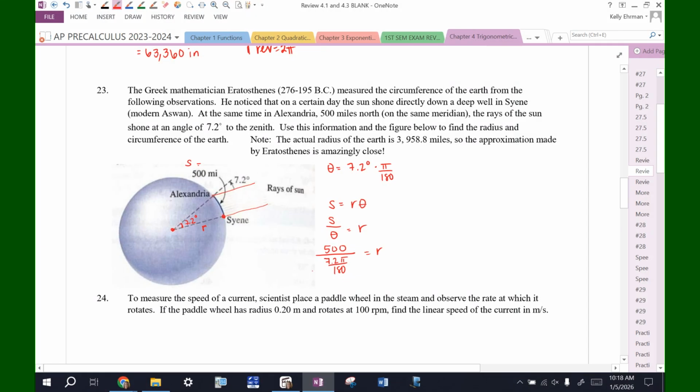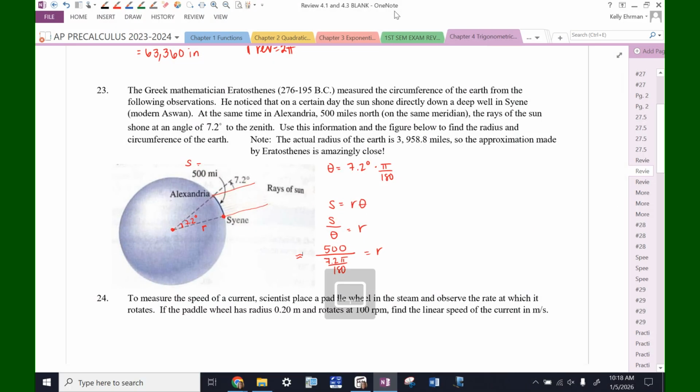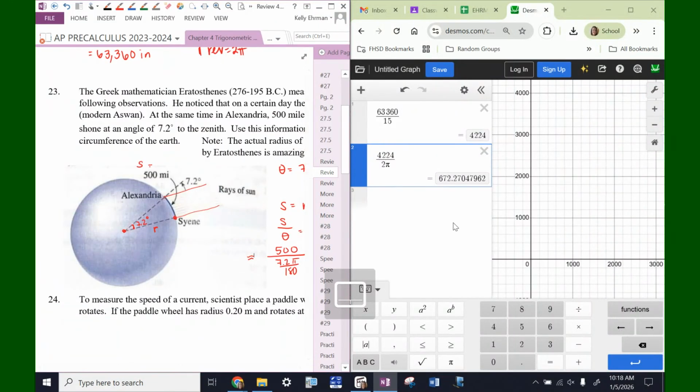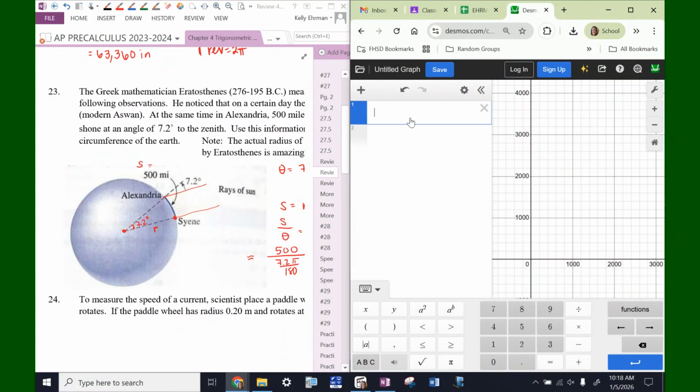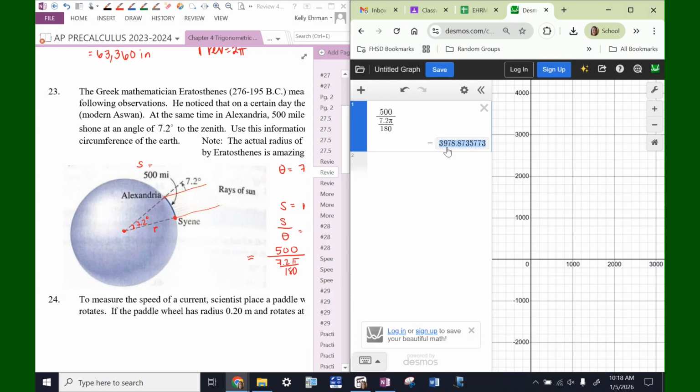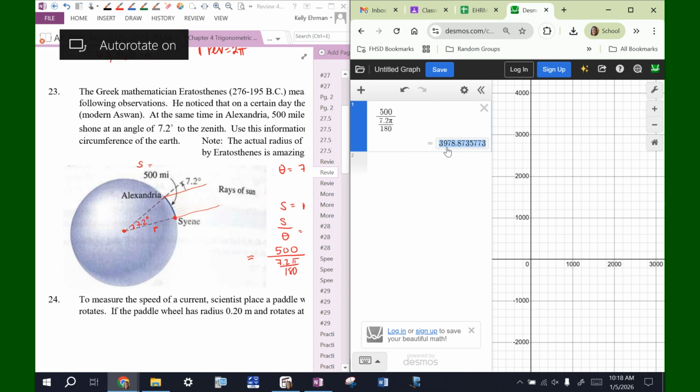And so r will come out to approximately, let's see, 500 divided by 7.2 pi divided by 180. So that's coming out to 3,978.